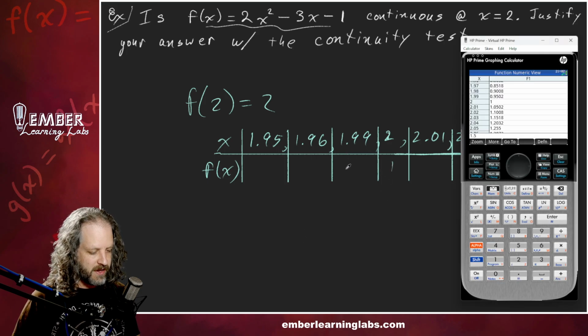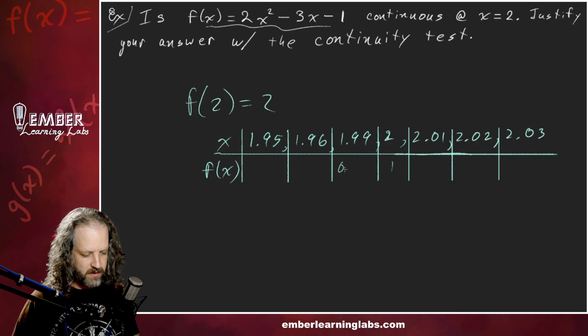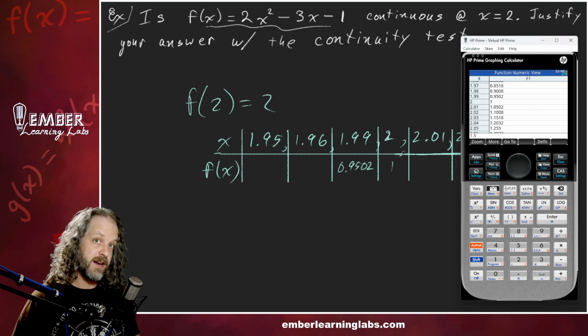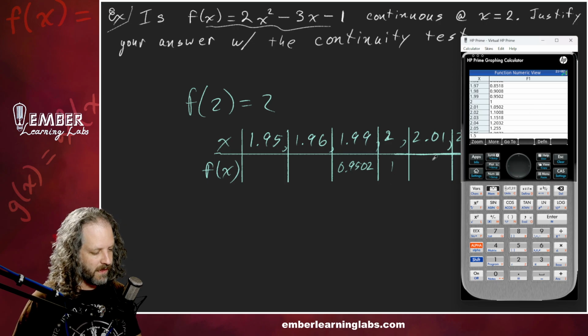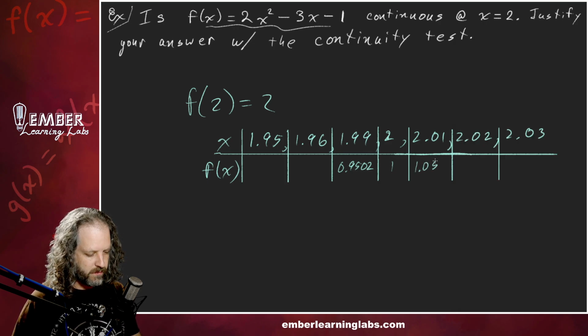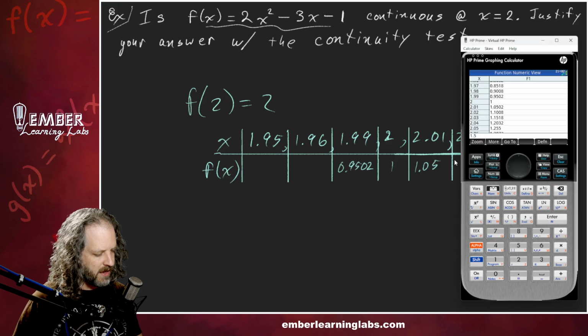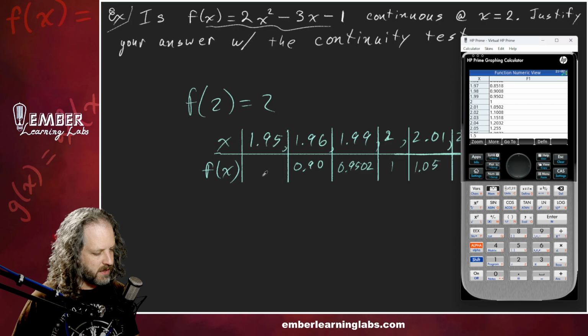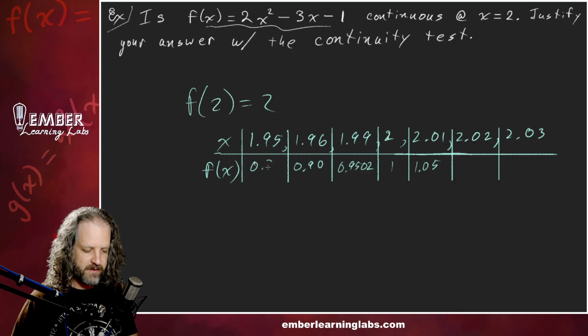You can fill in a few things. 0.9995, 0.95. Is this the vertex? This is not the vertex. They're not going to be the same on both sides. 1.005 and 0.90, 0.85.